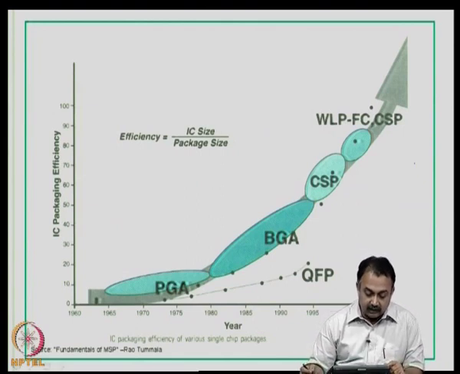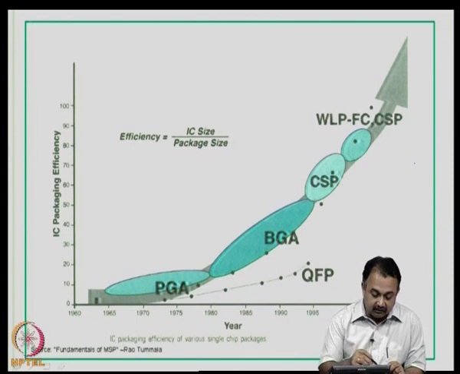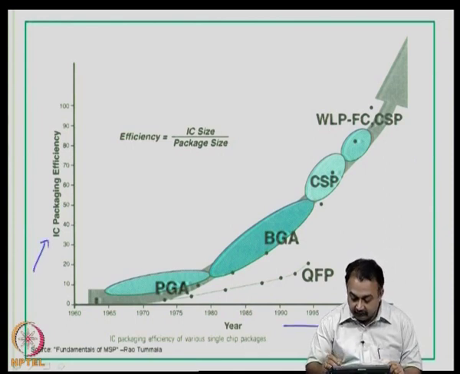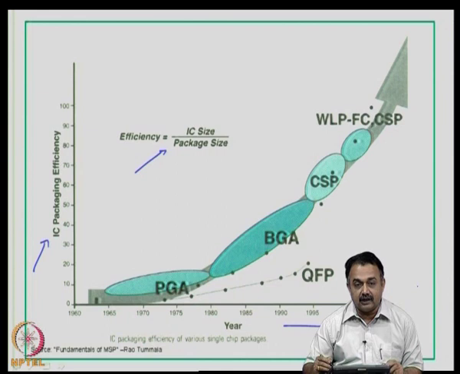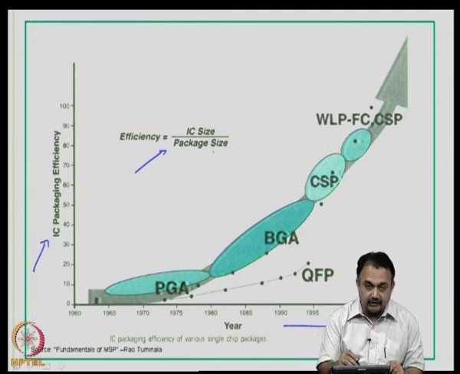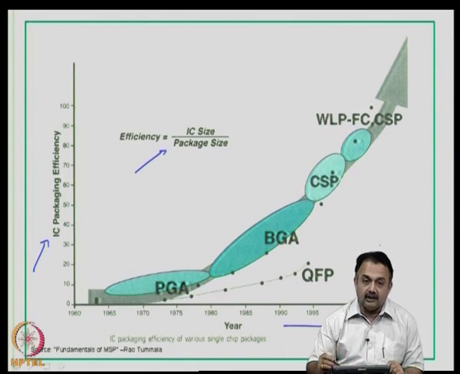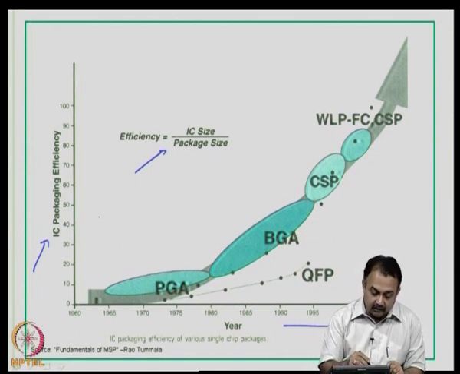If you look at this particular slide, which talks about packaging efficiency on one side and then the timeline. Okay. This is a slightly outdated figure, but nevertheless it holds very good, because we need to know how the evolution has taken place in terms of efficiency. So, if you look at efficiency of package or package efficiency, it is IC size by package size. Obviously, in a DIP package, the package size is very large compared to the IC size. That is why in a DIP package the efficiency is low.